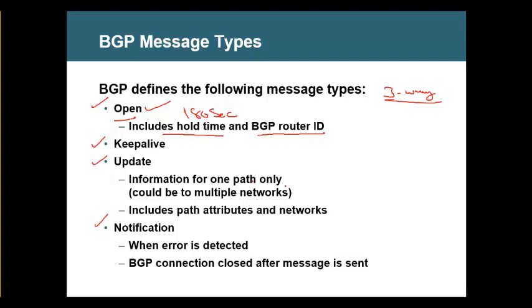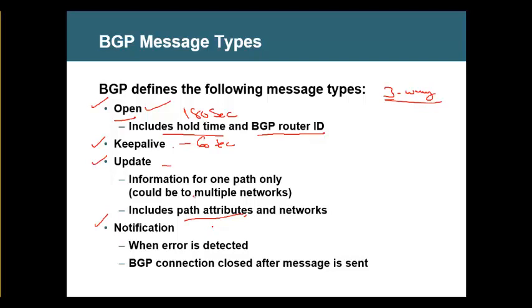Next is the keepalive. Keepalives are sent every 60 seconds. Updates are sent whenever there is a change. Updates are sent whenever a new network is added, with the path attribute for those networks.